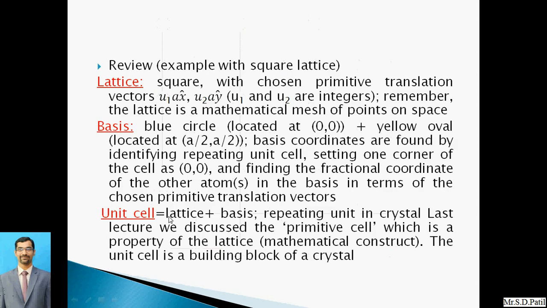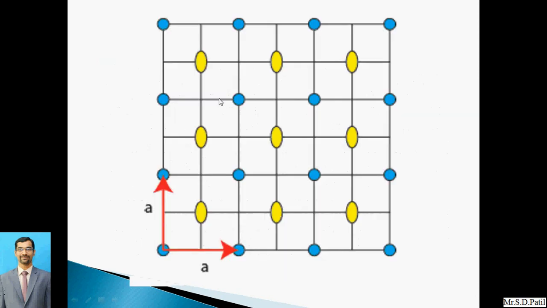Here it has been explained. So u1 and u2 are integers, u1 ax and u2 ay. So the lattice will be clear here, u1 ax direction and u2 ay direction. So these will be the lattice points.